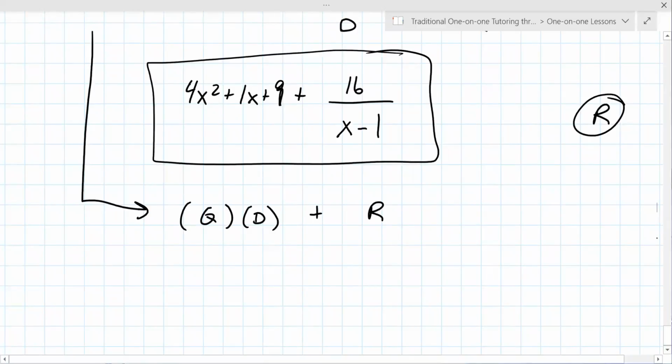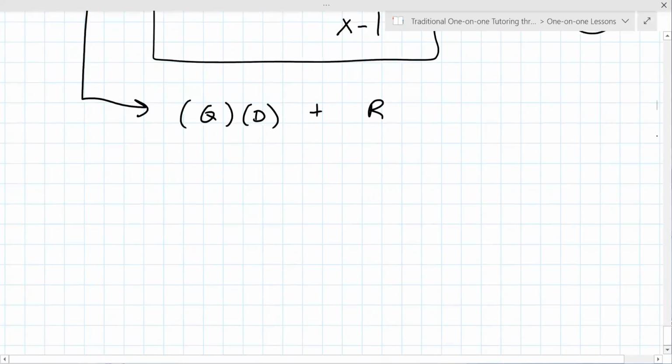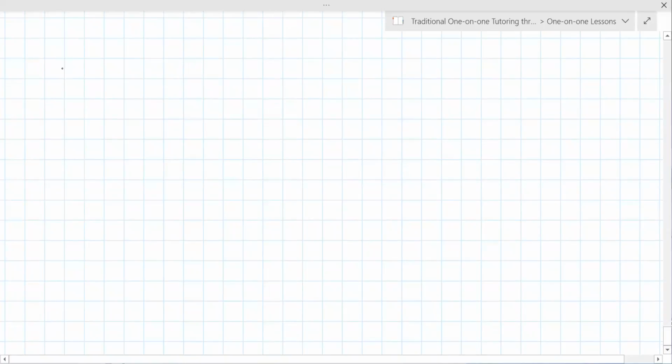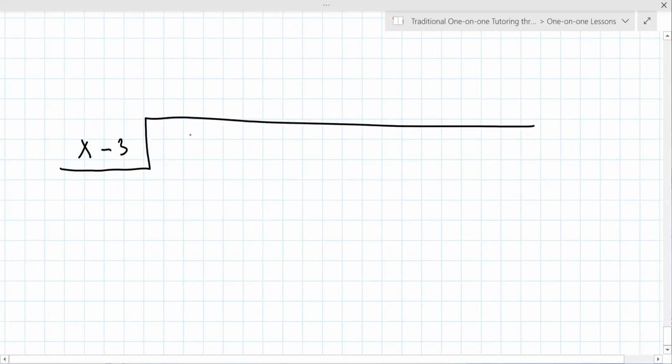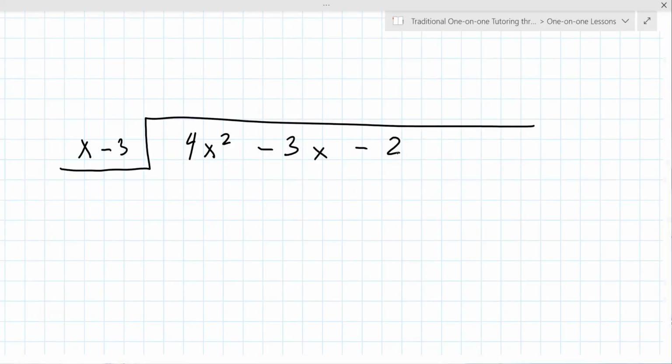Okay, so let's look at another problem here that you might see. Let's go x minus 3 into 4x squared minus 3x minus 2. Okay. So kind of the same deal here.